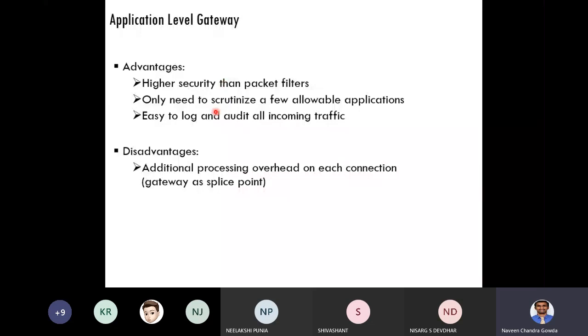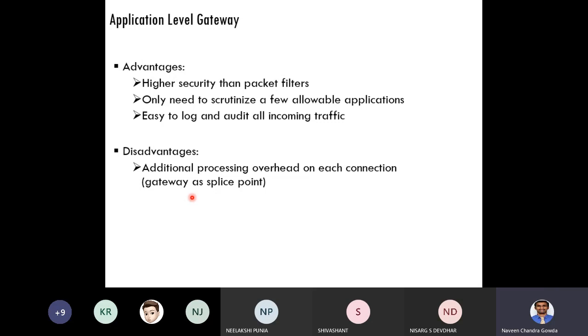Last thing is, as already said, whatever is happening at the application level, the complete logistics or the complete auditing data will be available for the incoming traffic for the user. Whereas there is a disadvantage as well, which is additional processing for the gateway. The gateway may be performing only connectivity for the devices between the end nodes and the outside world.